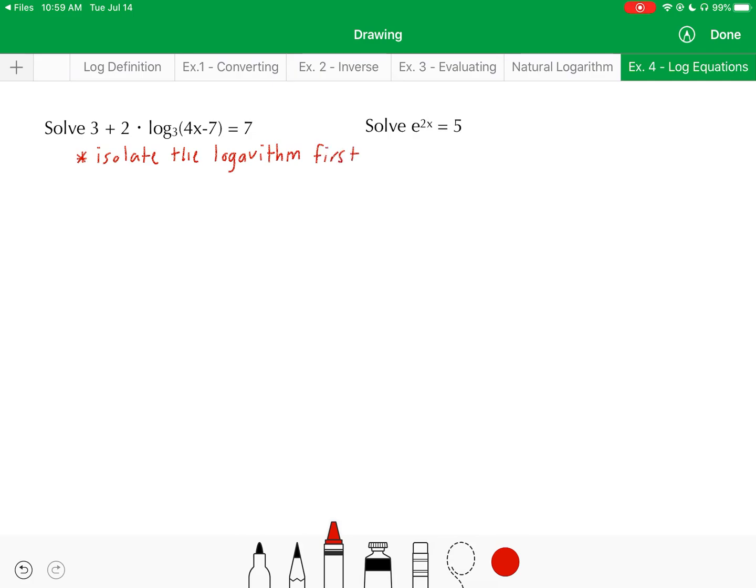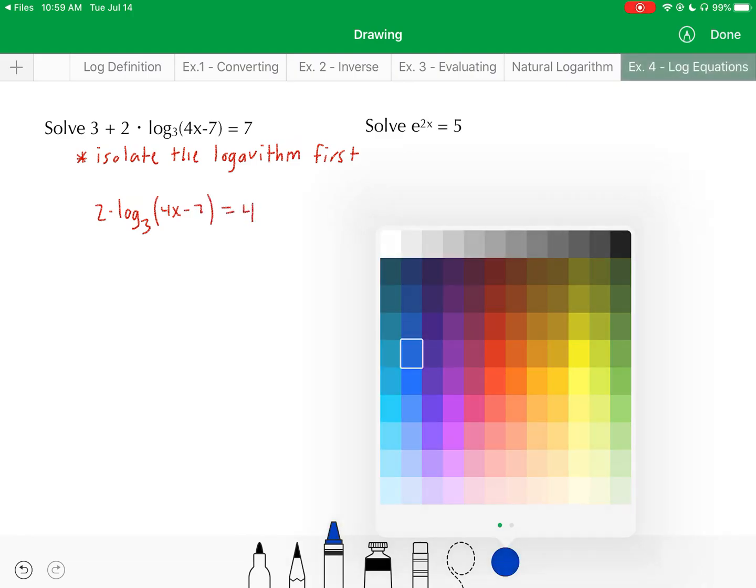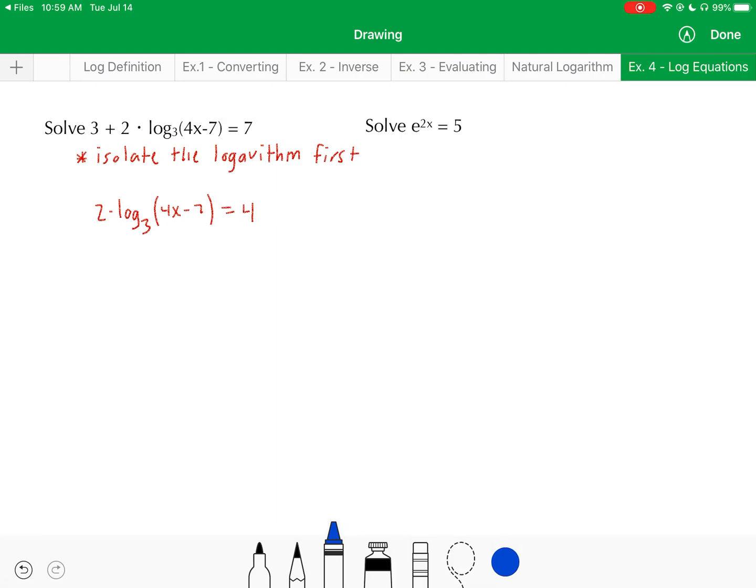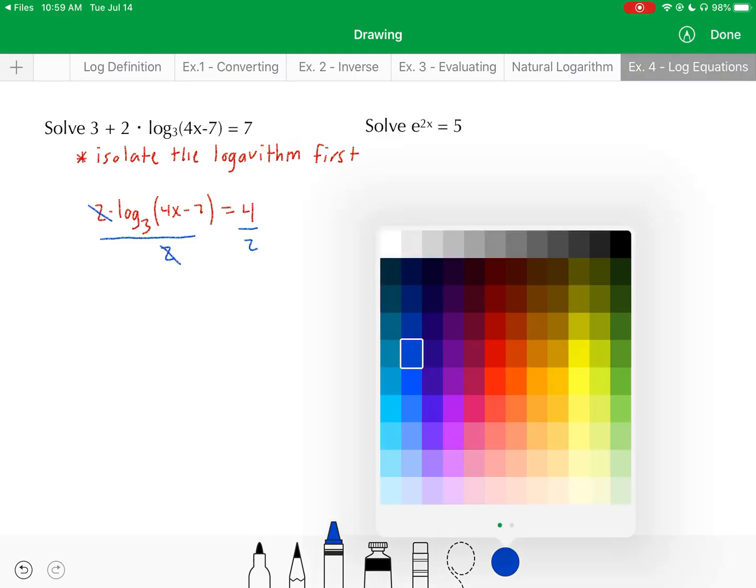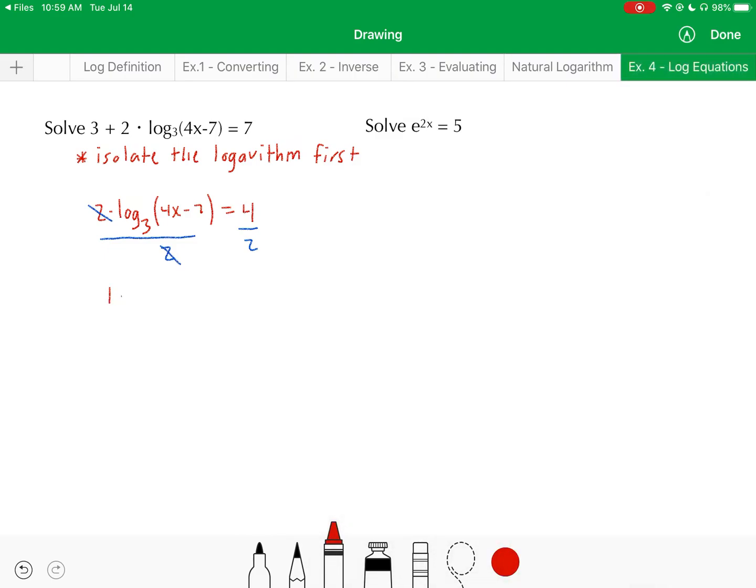To do that, I would subtract 3 over to the right-hand side. So this is going to become 2 times log base 3 of 4x minus 7 is equal to 4. And then the 2 is multiplying the logarithm, so I'm going to divide both sides by that 2. That's going to take me to log base 3 of 4x minus 7 is equal to 2.